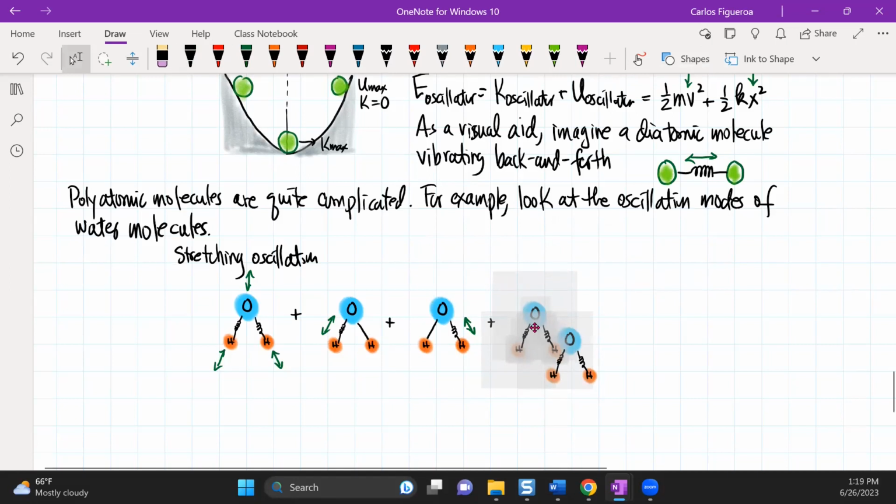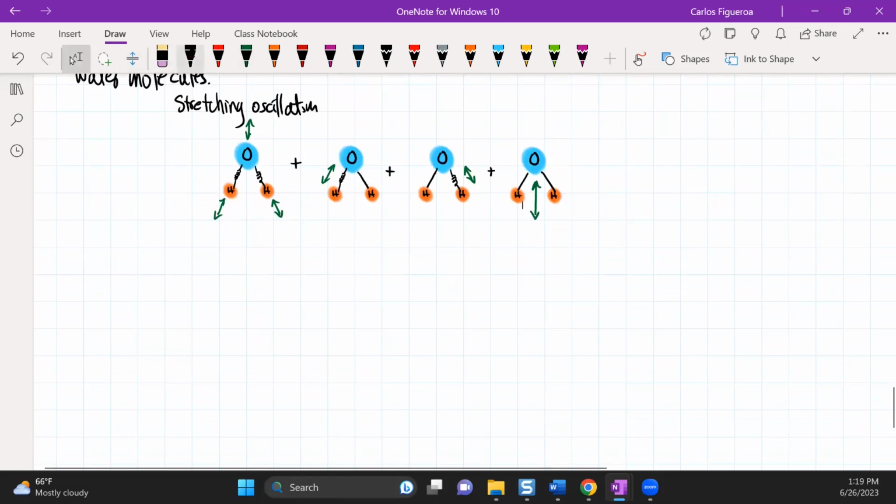And what happens here, there's a very famous oscillation, especially with the cesium clocks and stuff like that: the hydrogens are fixed, but now the oxygen actually tunnels through the two hydrogen atoms. Quantum mechanics is absolutely beautiful, there's no doubt.